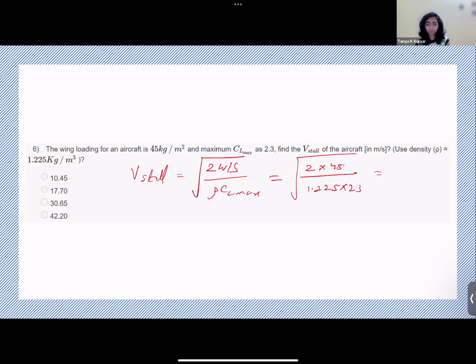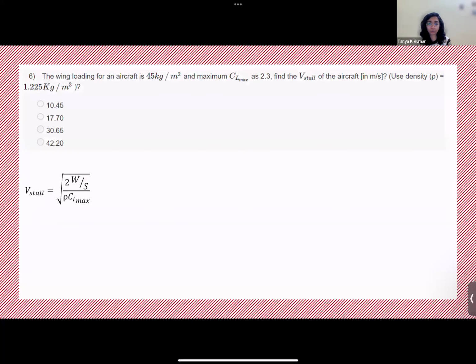What is the answer? Oh, that will be a 9.81. So something around 17.7. Yeah, so that is the right answer. Okay, let's go to the next question. Yeah, so this was the formula that we used, same as the previous question.